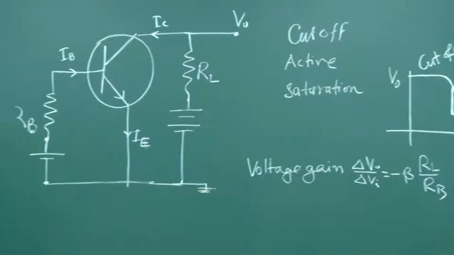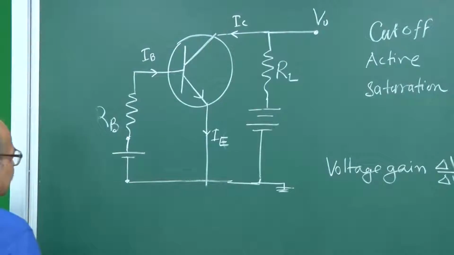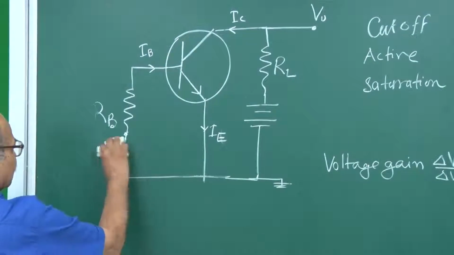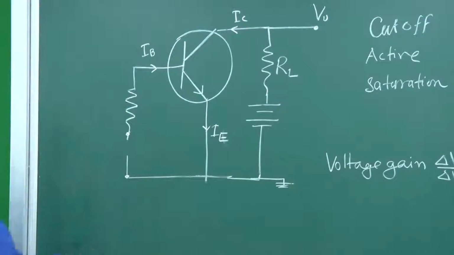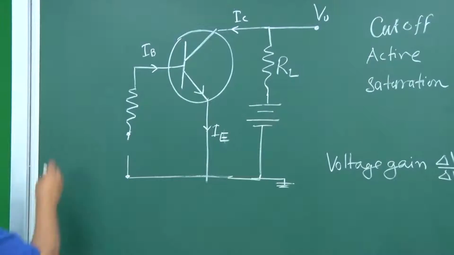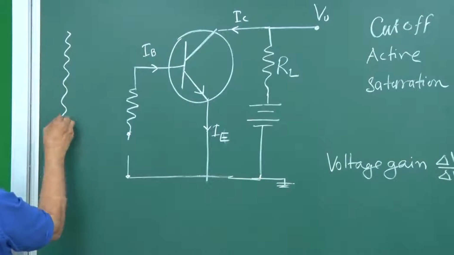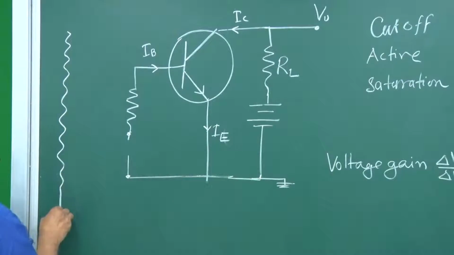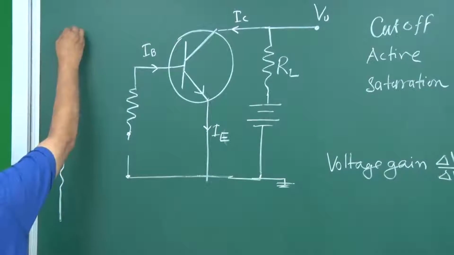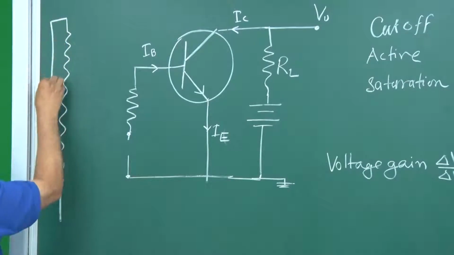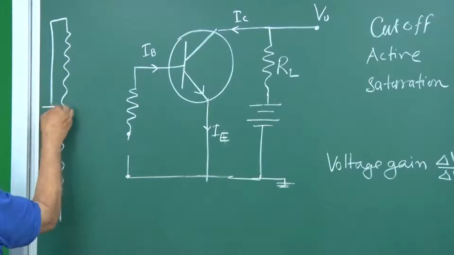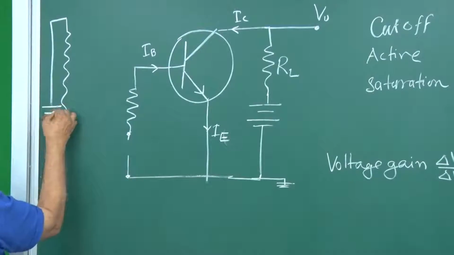So how do I change it? What we have done in our experiment is the following. We have taken a long heater coil, a resistance in fact. On this resistance we are putting a 1.5 volt battery or cell.